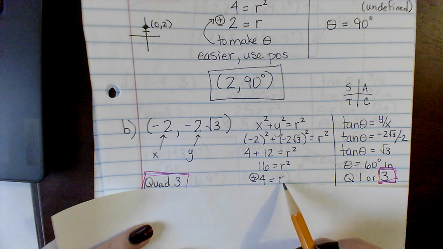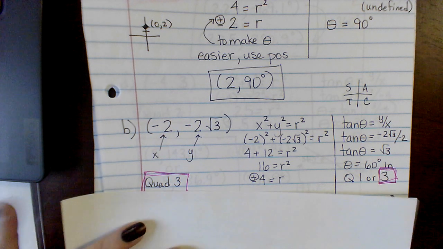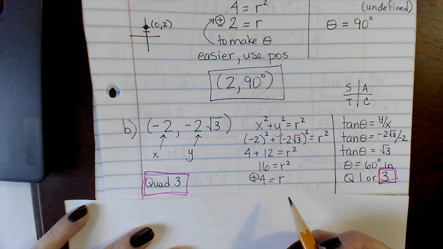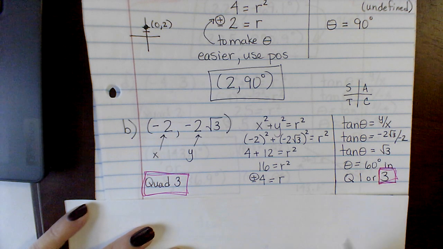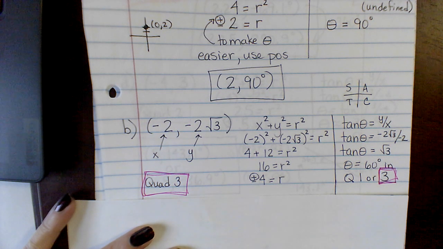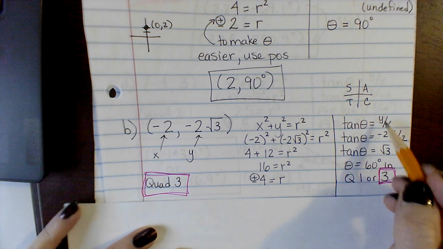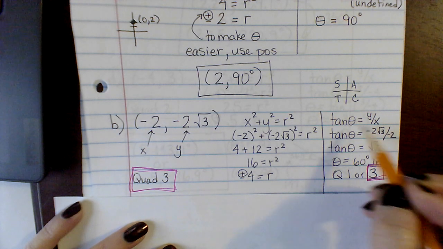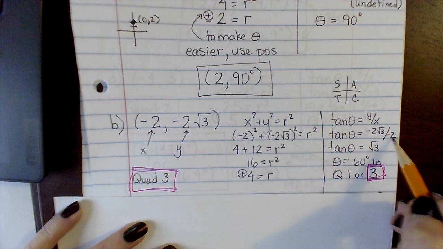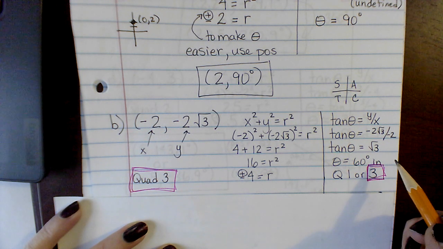And you take the square root, remember it's a plus or minus. So that's going to be plus or minus 4. Now, just to make things a little bit easier, let's just pick that positive one for now. When we get over here to the tangent's y over x, when I plug in y over x, those negatives are going to cancel, become a positive.